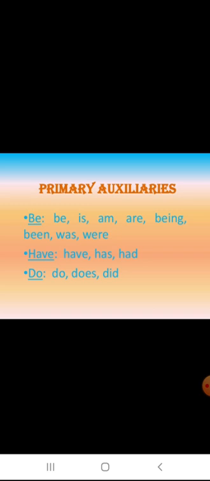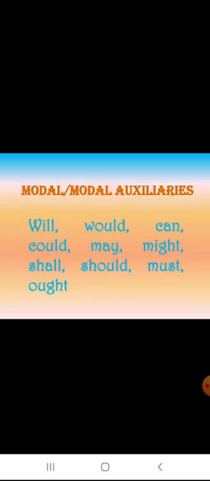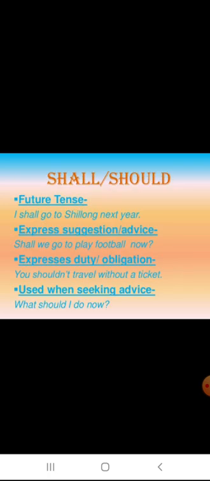These are called primary auxiliaries. Modal auxiliaries are would, will, can, could, may, might, shall, should, must, ought. Semi-modal auxiliaries are need, used, dare.